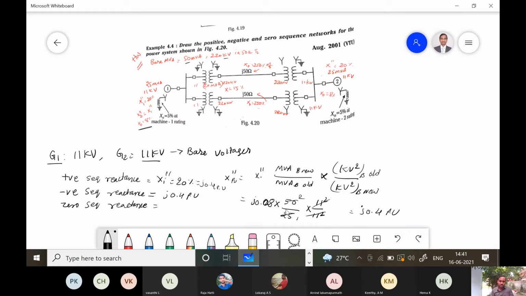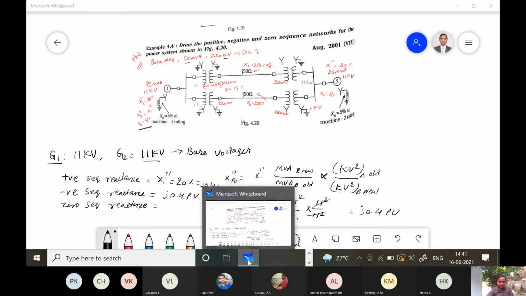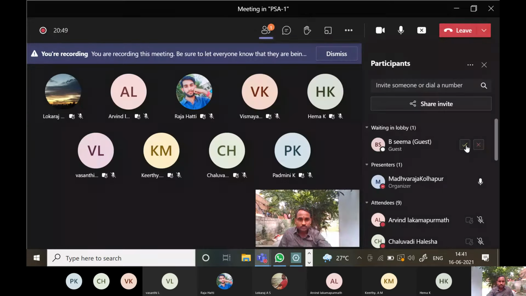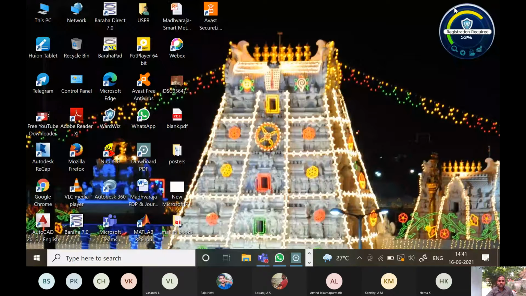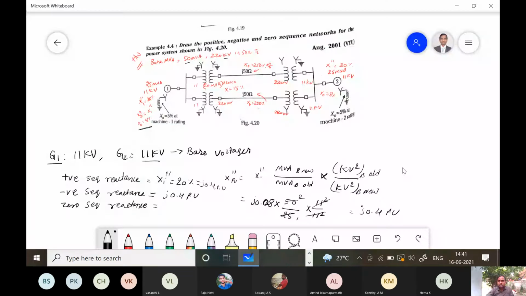So calculate it: 0.08 into 2 is equal to j0.16. Therefore the zero sequence reactance is j0.16 per unit.